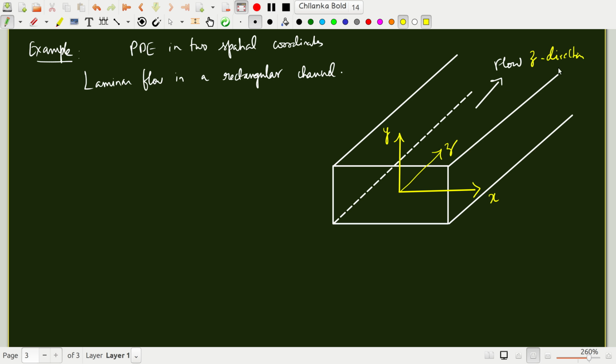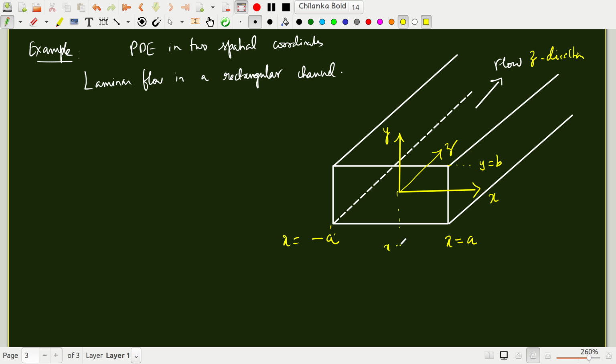Now let's call this x is equal to a and this y is equal to b. So let's imagine the channel going from minus a to a, and x is equal to minus a to x is equal to a.